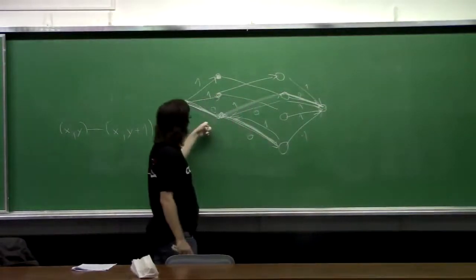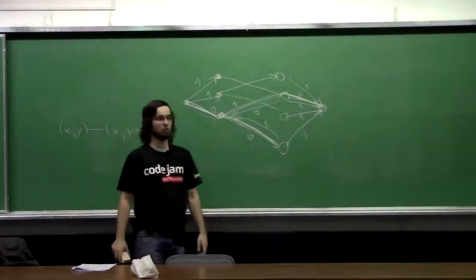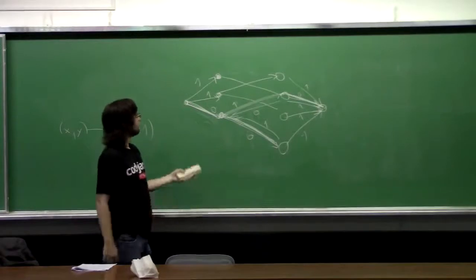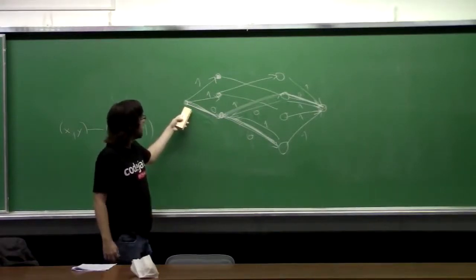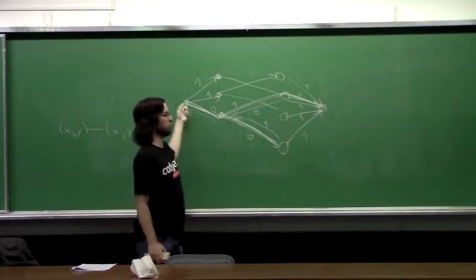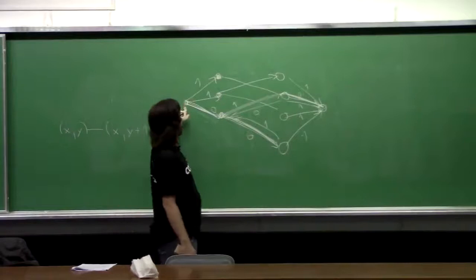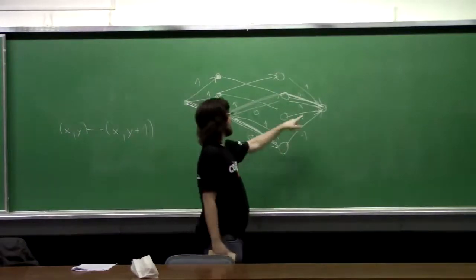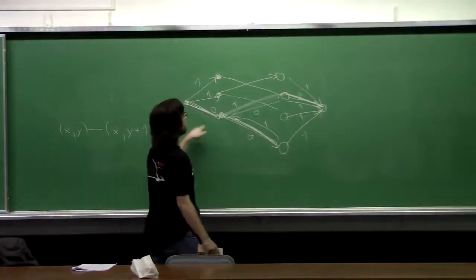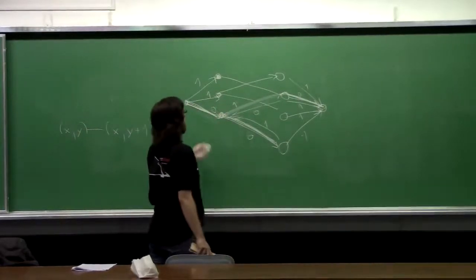What we are doing in the Ford-Fulkerson algorithm, as I mentioned, is we always just find a path through edges with capacity at least 1, and it goes from the source to the sink, and then we send a flow through that path. Of course, the path can use these backwards edges. There is no reason why it shouldn't.